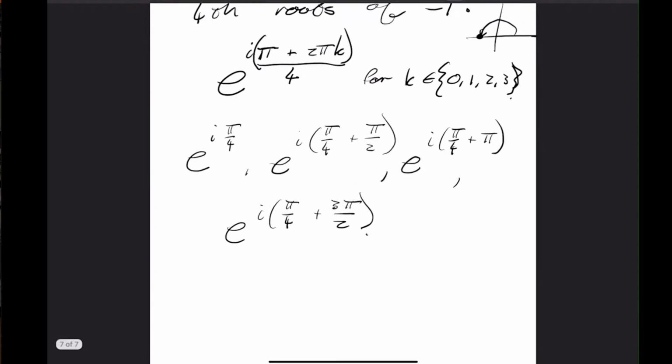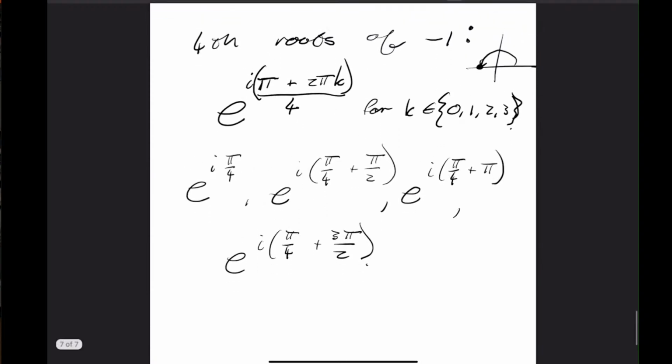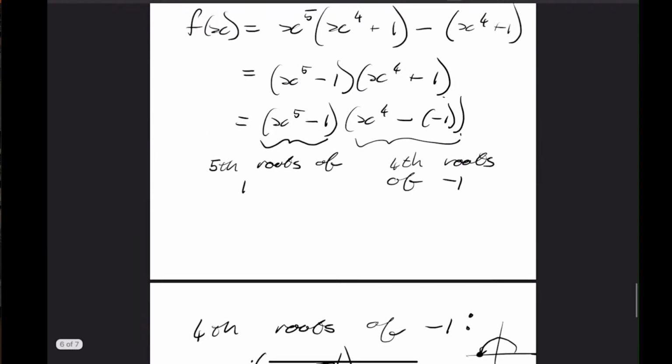So here are the fourth roots of minus 1. And these numbers correspond to the roots of this factor of the polynomial, x to the 4 plus 1.